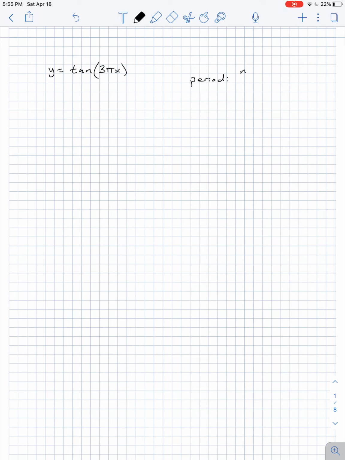It's going to be the normal period over the number in front of x. So for our situation, the normal period of tangent we just saw is pi, and the number in front of x is 3 pi. So I divide that out, the pi's cancel, and my new period is 1/3.